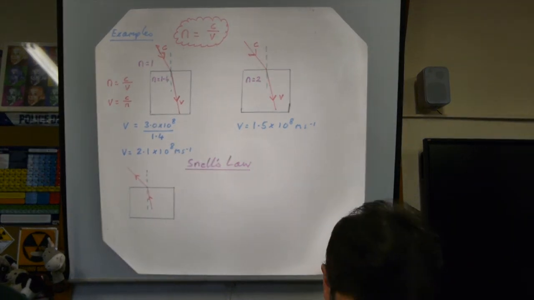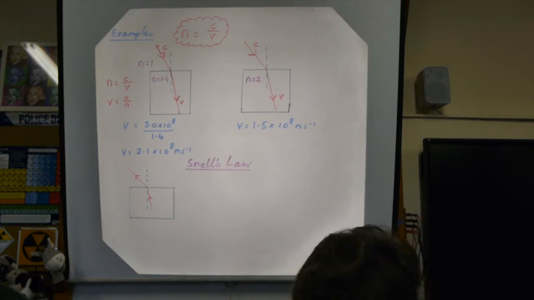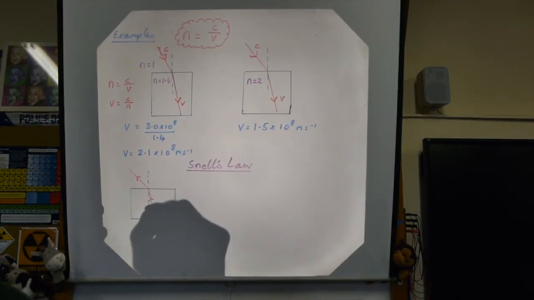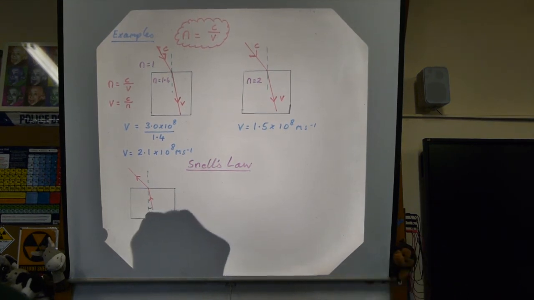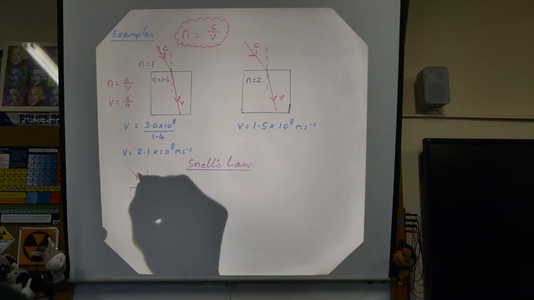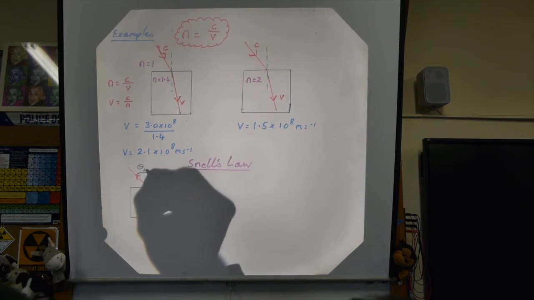So to solve that problem, what we're going to do instead is say, okay, here it is. Yep, that ray travelling that way, and we'll call that angle 1, theta 1. Here's the ray coming out, and we'll call that angle 2, theta 2.